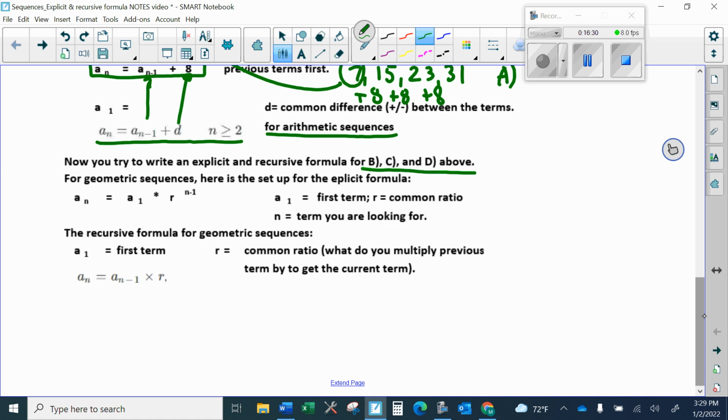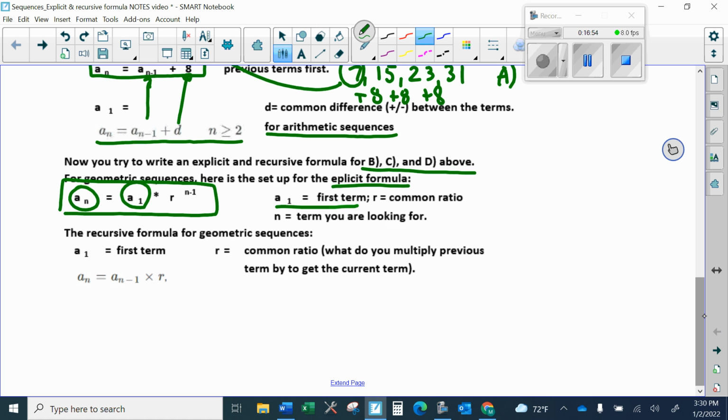Remember, those are the ones where you either multiply or divide to get from one term to the next. This is the equation that you're going to set up for the explicit formula. Oh, I forgot the X there. Remember, A sub n is always the current term. A sub 1 is always our first term. R is the common ratio.